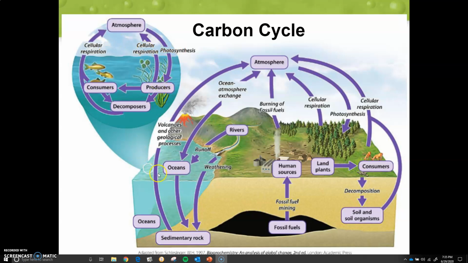That's what's happening here in the ocean on the side. It also happens on land. You might remember these two processes from biology. Photosynthesis is when plants make their own energy. Cellular respiration is when plants and animals make their own energy, and they're related.